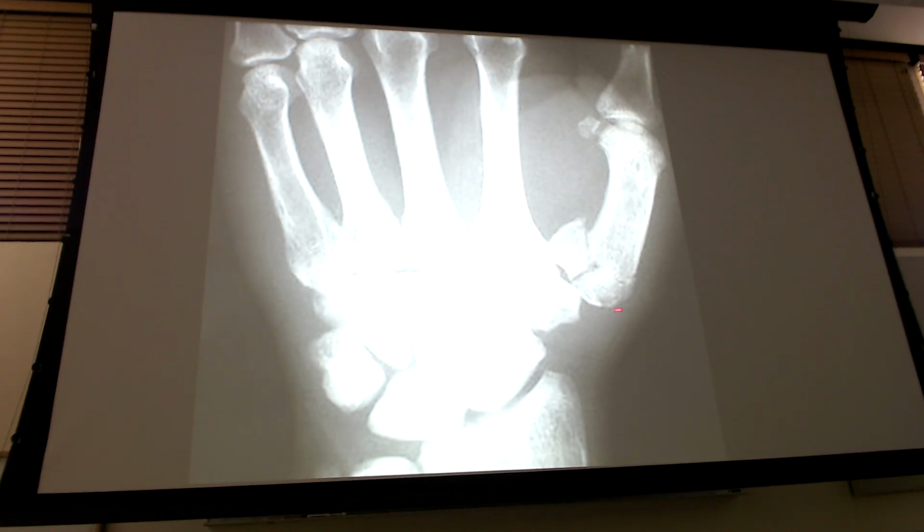So I got 1, 2, maybe 3 or 4, but definitely more than 2. So that's my Rolando's fracture. Remember, base of the first metacarpal.